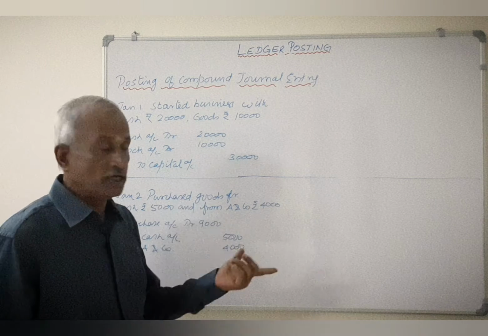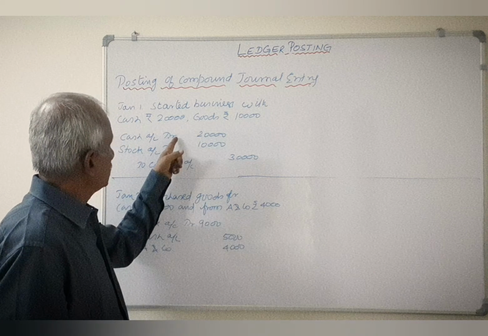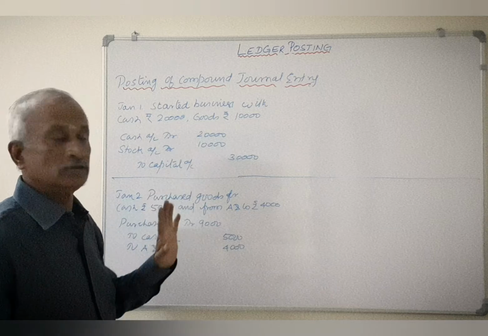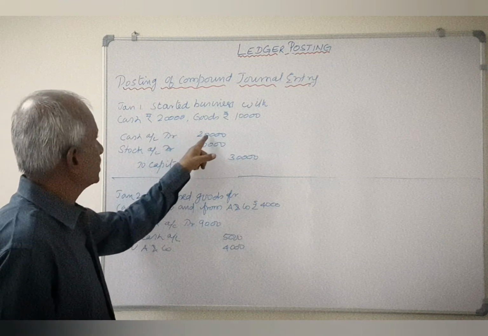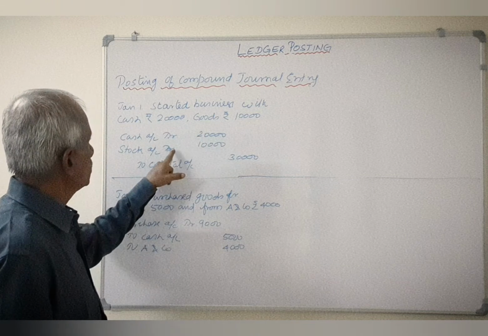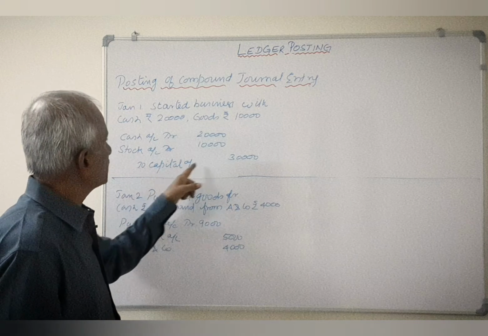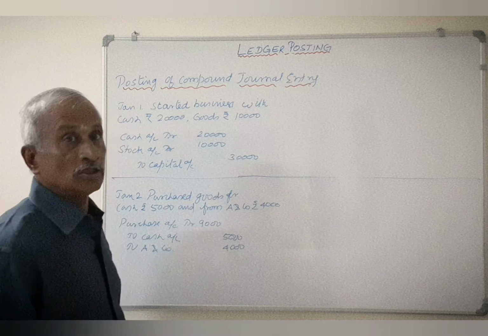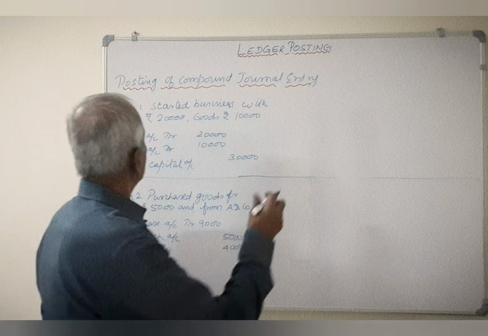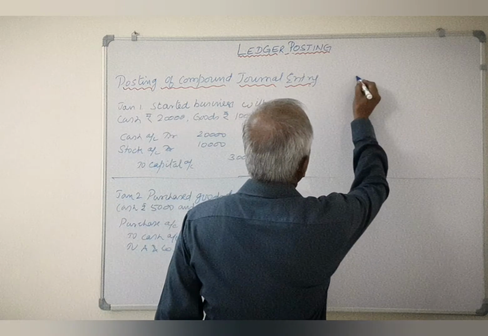As we have already seen, the meaning of the journal is: on the debit side of the cash account you have to record 20,000, on the debit side of the stock account you have to record 10,000, and on the credit side of the capital account you have to record 30,000. So let us open the ledger accounts.